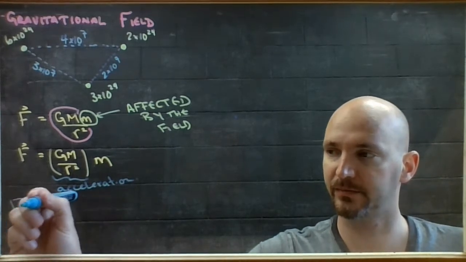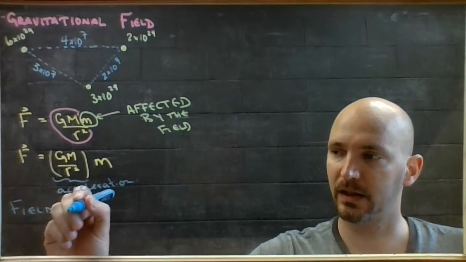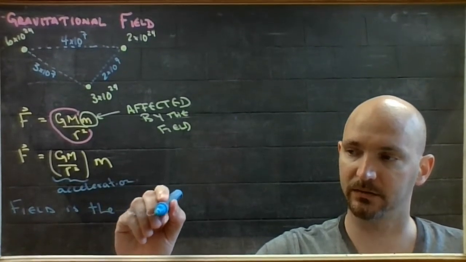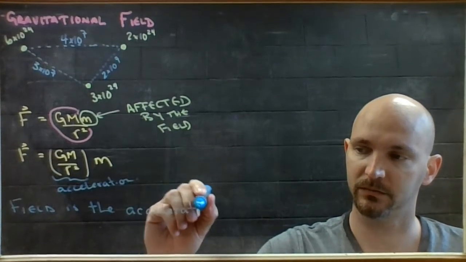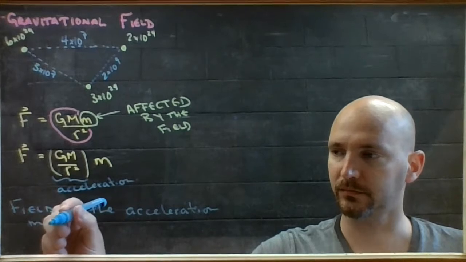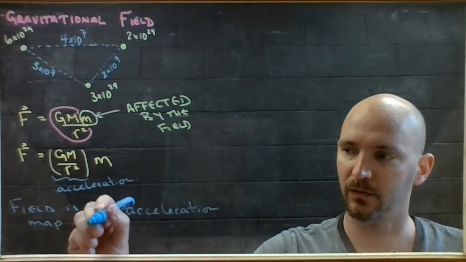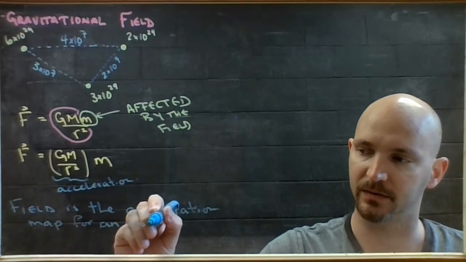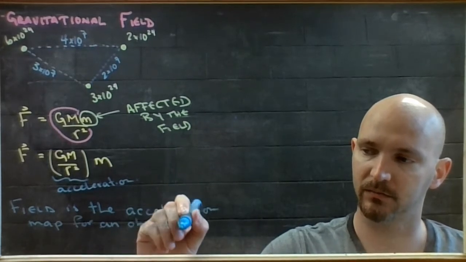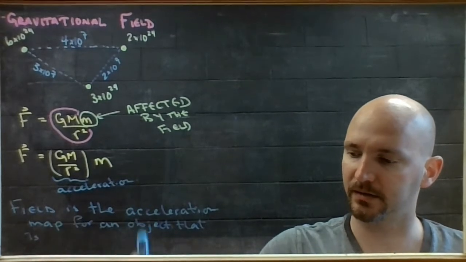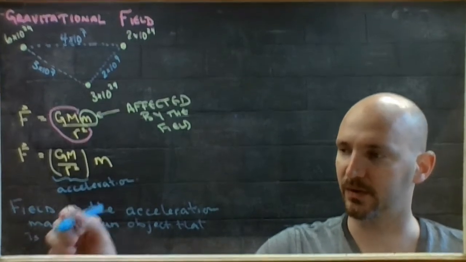Field is the acceleration map, if you will, for an object that is experiencing forces. This marker is almost toast, I think.